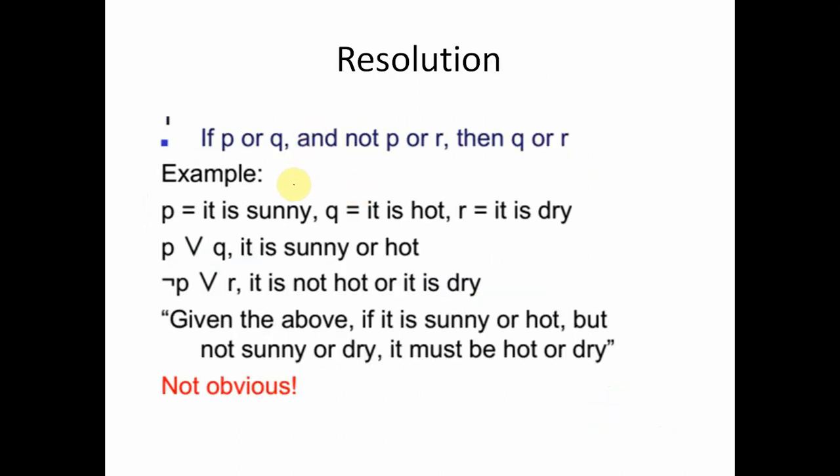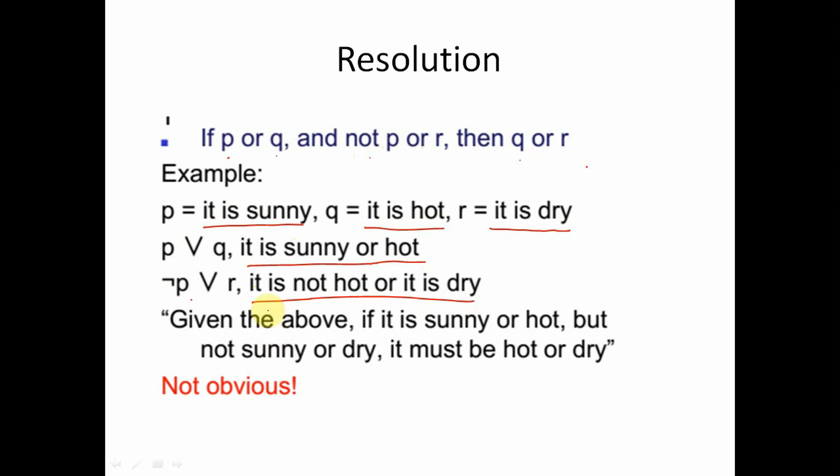Next, we have the resolution. If P or Q and not P or R, then Q or R. If P says it is sunny, Q says it is hot, R says it is dry, then P or Q says it is sunny or hot, and not P or R says it is not sunny or it is dry.